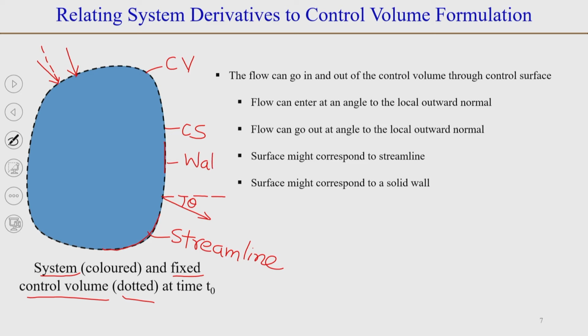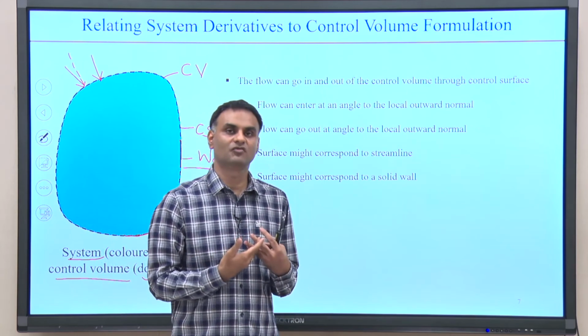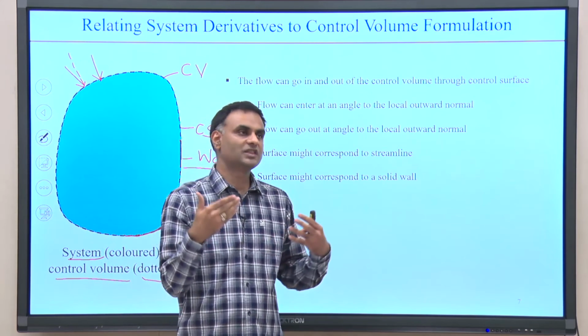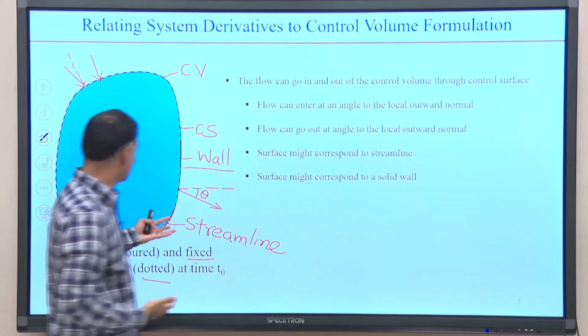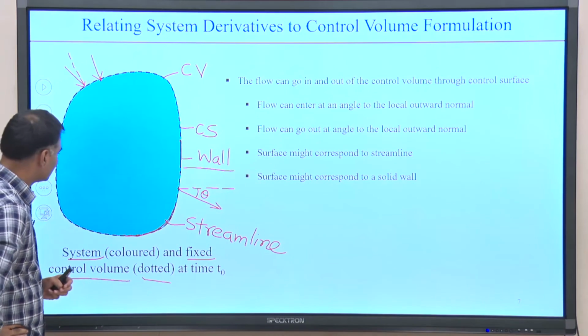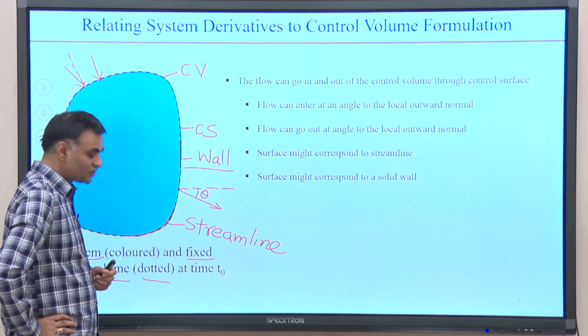So, all possibilities can happen: the flow may come in through the control surface, or the control surface may be coinciding with a streamline. We know that the flow cannot cross a streamline, so again there will be no flow through the control surface, and it may have a wall.